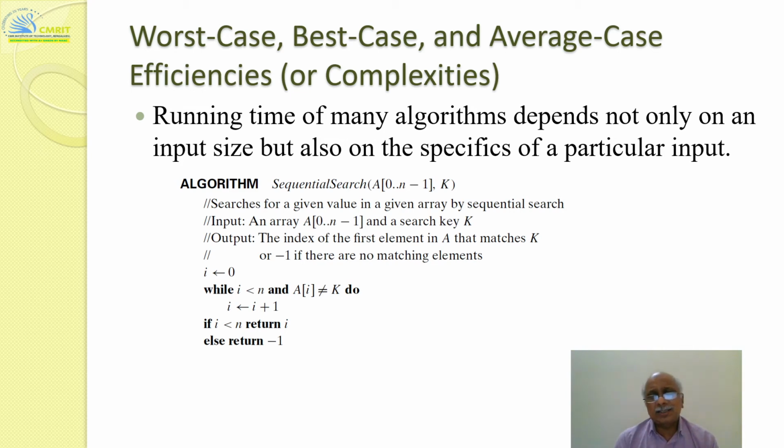Now let's try to understand how many times each of these operations is performed. It depends on the key value and also the elements in the array. Let's take the case where the key is present as the first element in the array. So if key k is present as the first element, the while loop condition is checked and it comes out of the while loop because the condition a[i] not equal to k is not satisfied.